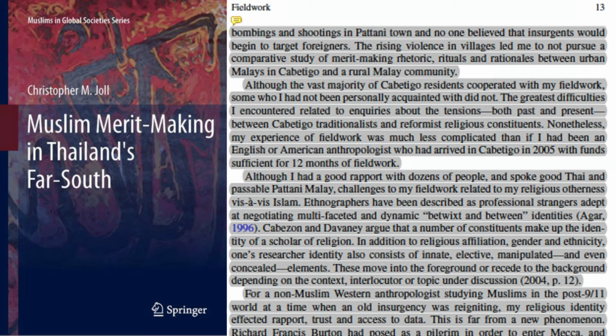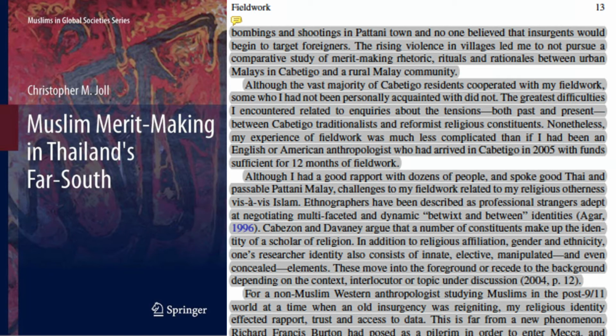But that is just normal for any and all researchers, perhaps when there are religious differences at a time of political insecurity.